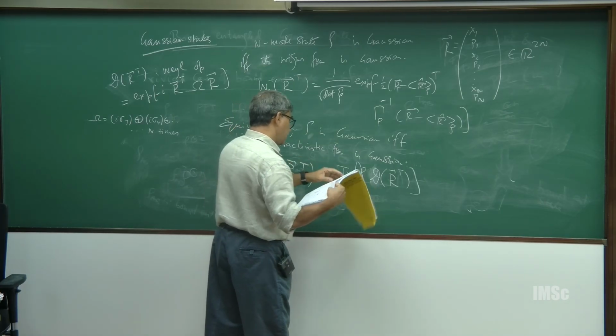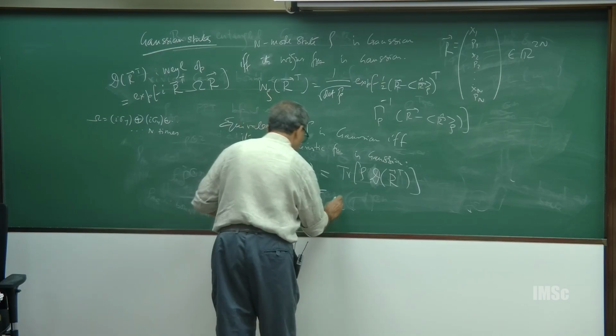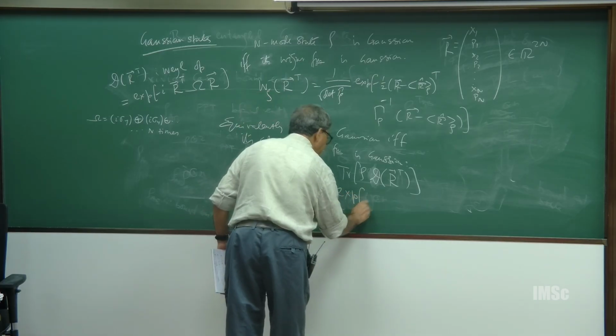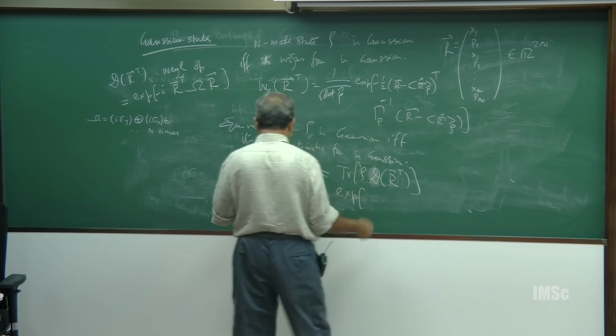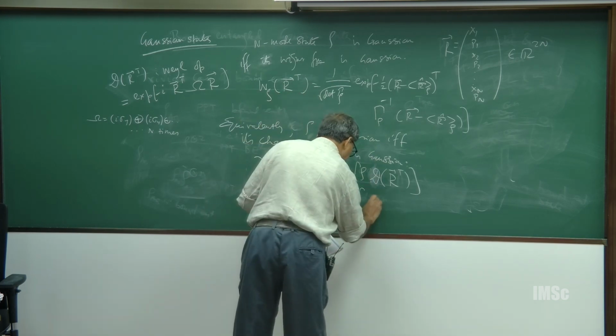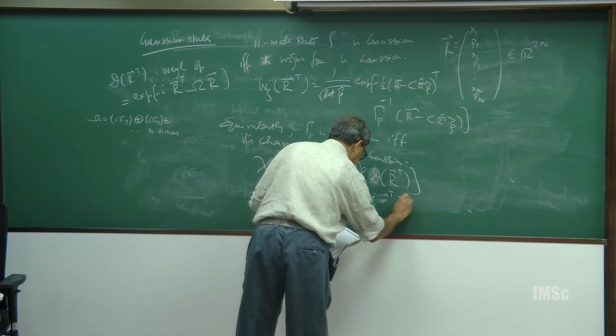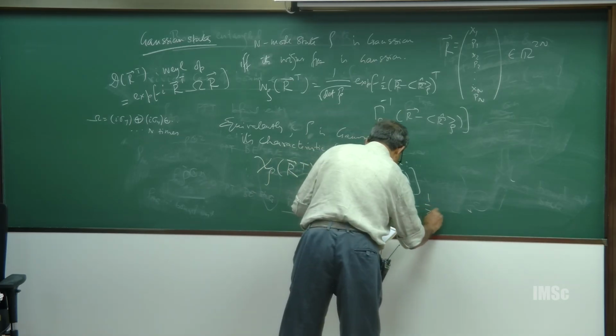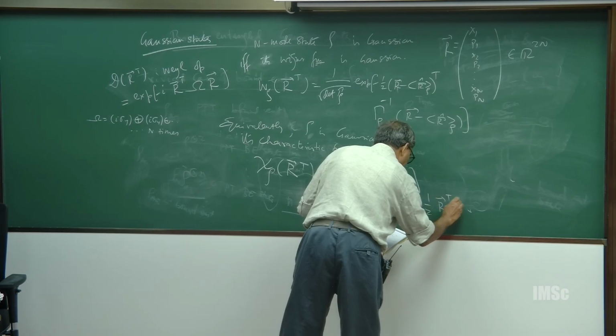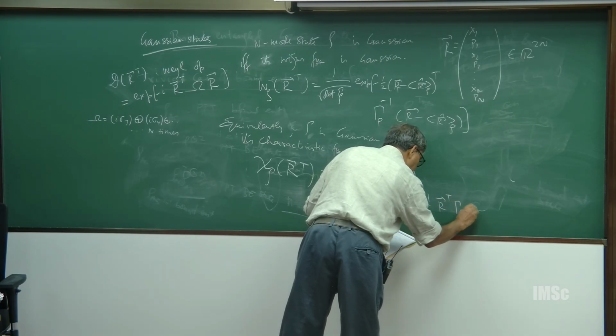So here you have the inverse of the covariance matrix, here it is not the inverse, it is direct: i m transpose r minus half r transpose gamma rho r.